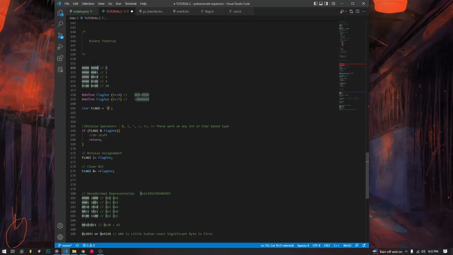Either we don't have something in that place or we do, and that's 2 to the 0th times whatever's in this place. So for this example, it's 0. 0 times 1 is 0. This whole thing is 0. All of these places are 0.